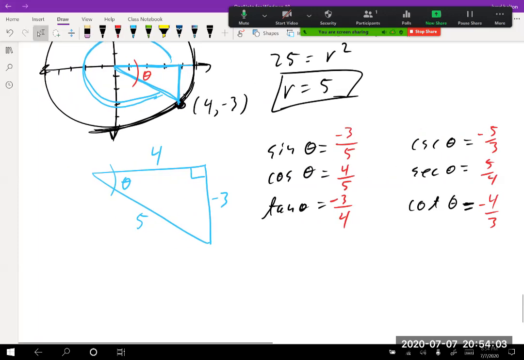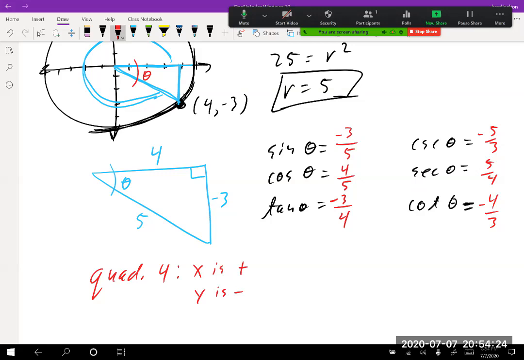Now let's just make sure. We're in quadrant 4. So in quadrant 4, x is positive and y is negative.